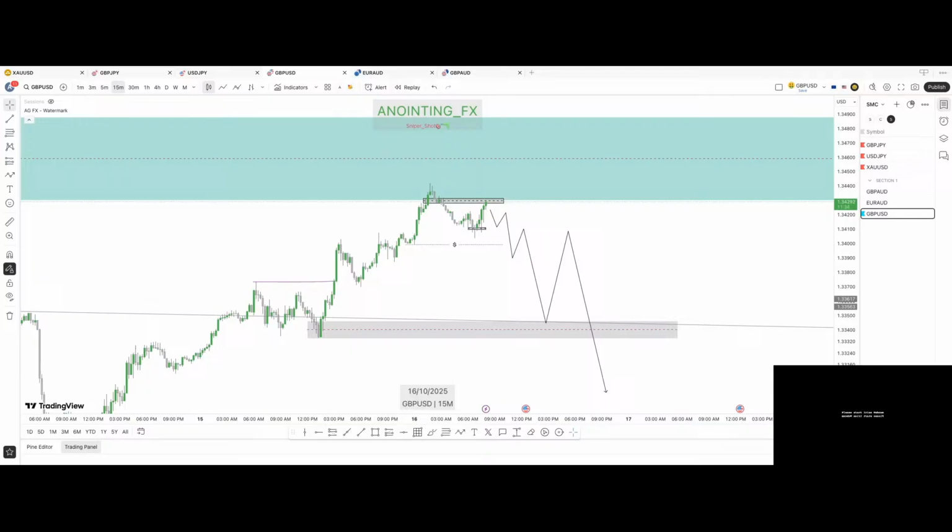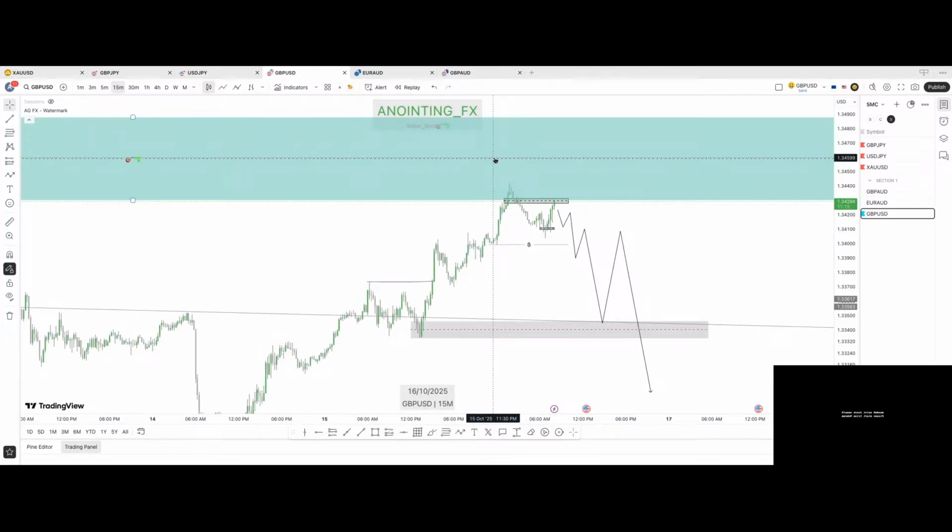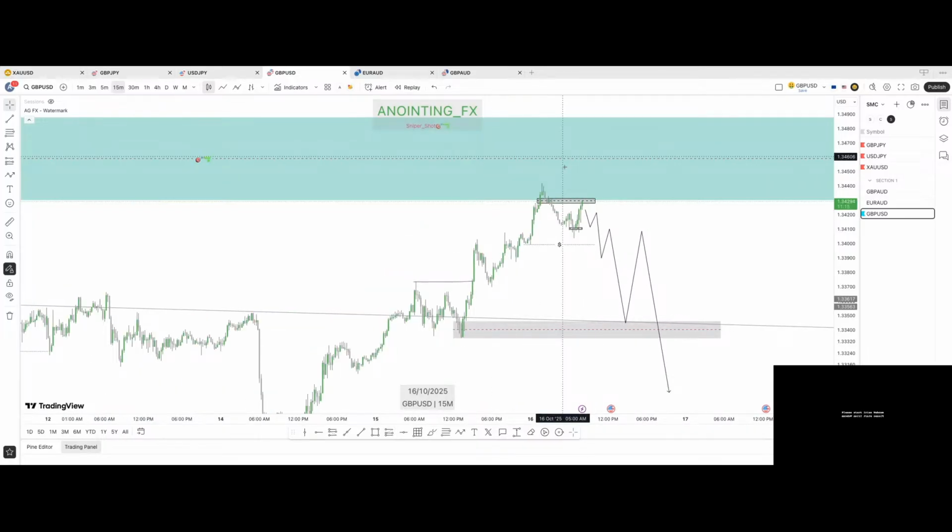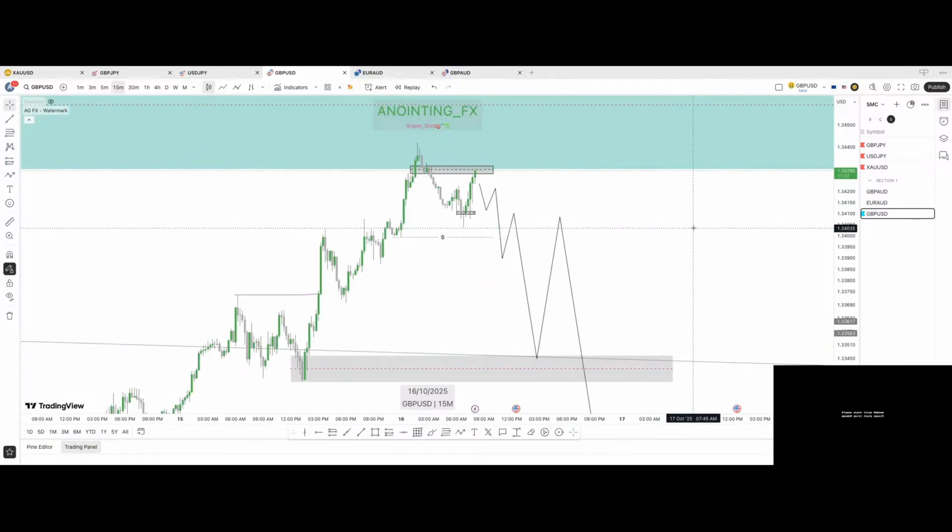Okay, my order has mitigated. You should look at just having a very tight stop loss, because this is the zone, and the zone is very, very big. So price could still go inside the zone and create a better entry. But you and I cannot tell what price is going to do.